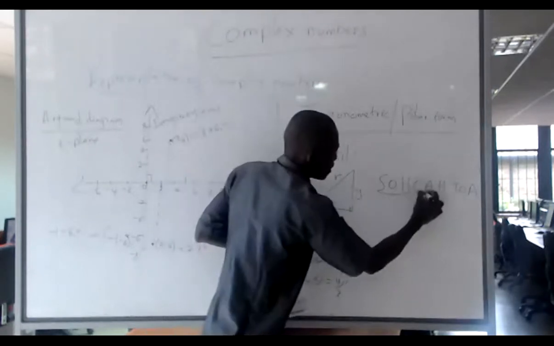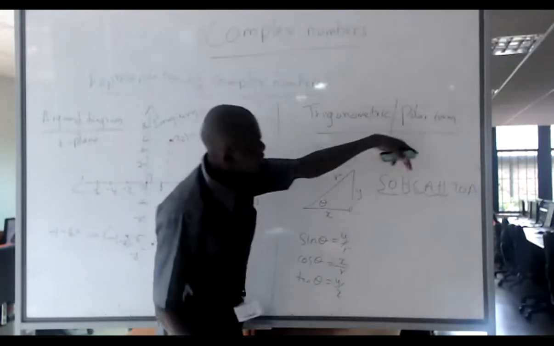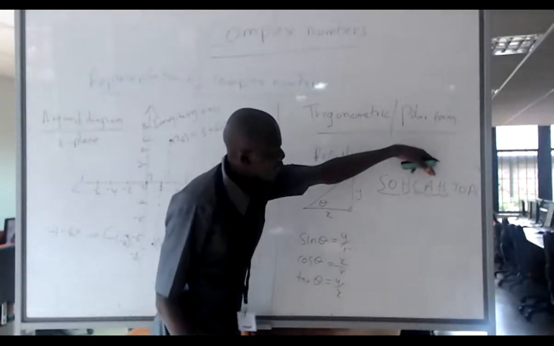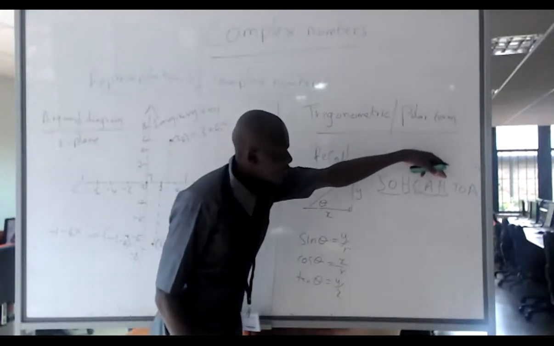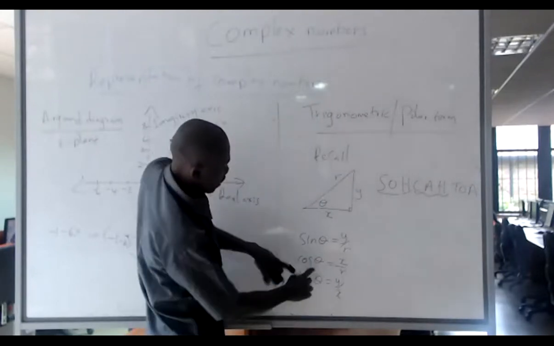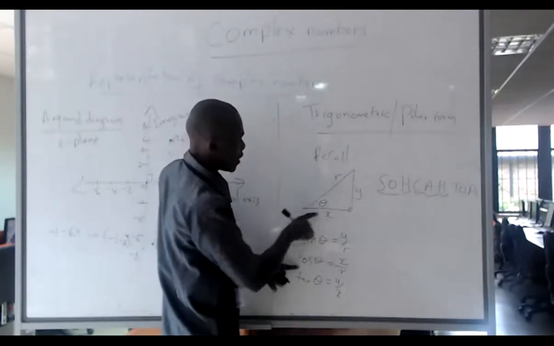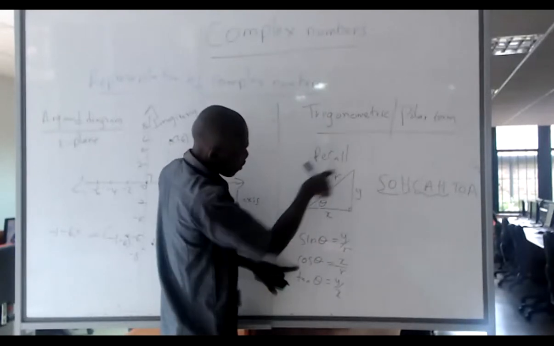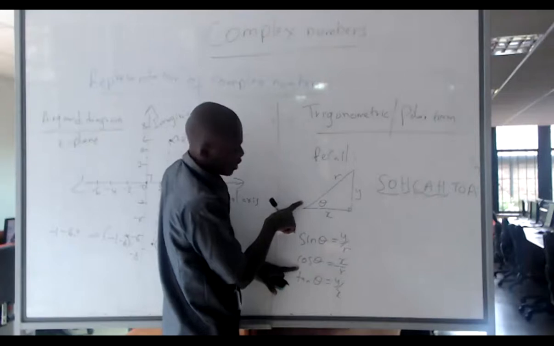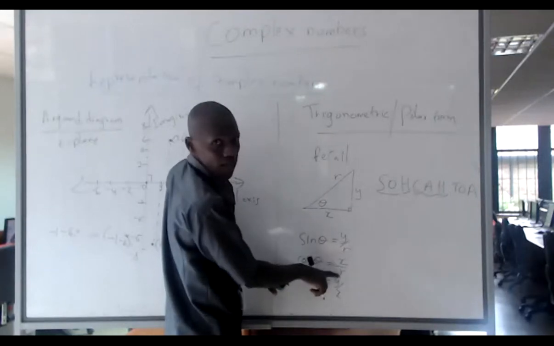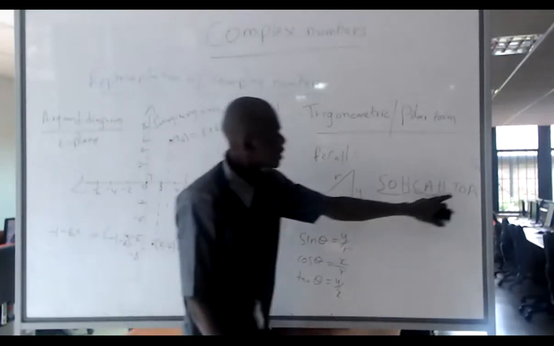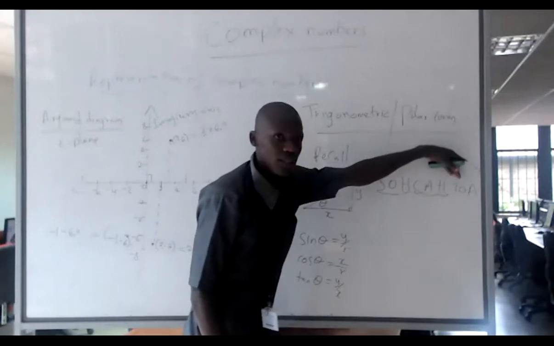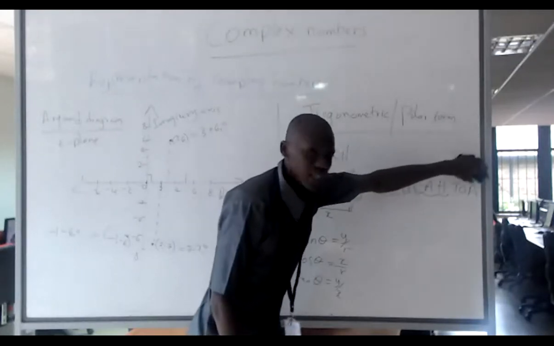Then the second part, CAH, stands for cosine is given by the length of the adjacent side divided by the length of the hypotenuse. So for cosine of theta, I need the length of the side adjacent to theta, which is x, divided by the length of the hypotenuse, which is r. So that's why I have x divided by r. And then tangent is the length of the opposite side divided by the length of the adjacent side.